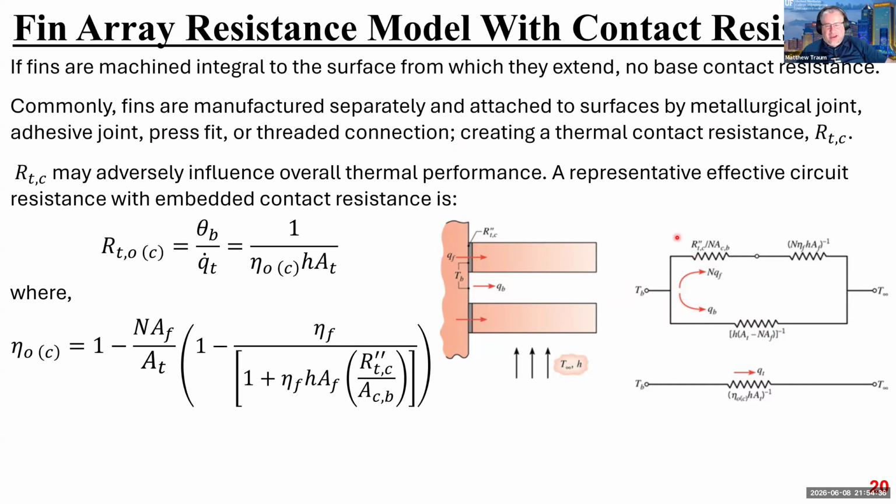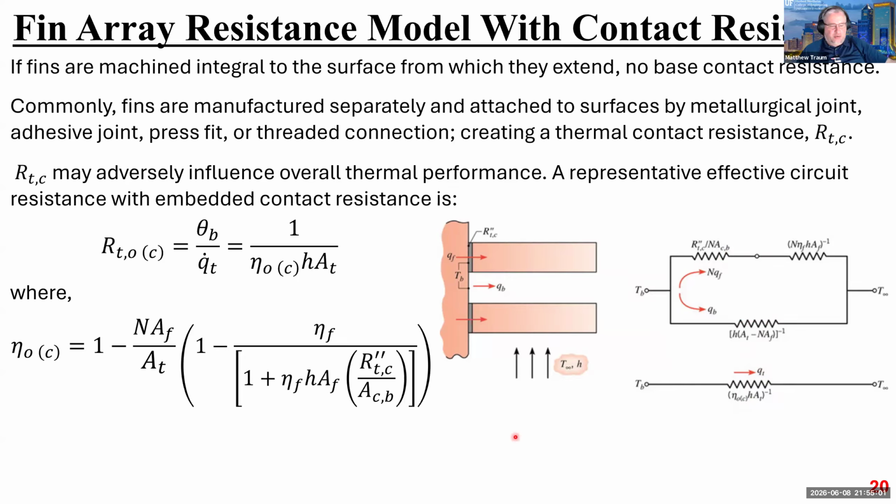And so here is that resistance to heat transfer, and then here is the normal fin resistance, and those two act together as two resistors in series, which you know how to deal with from your circuits class. And then once you combine those, they become two resistances in parallel, and then you can combine them into a single equivalent resistance.